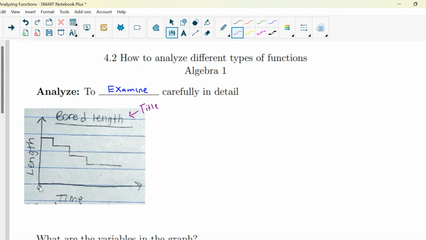This bottom line, which is represented by time, is our x-axis, and this vertical line represents our y-axis. The reason our graph looks like this is because it is a first quadrant graph, meaning that both the length of the board and the time have to be positive. So we're really only assessing this first quadrant.